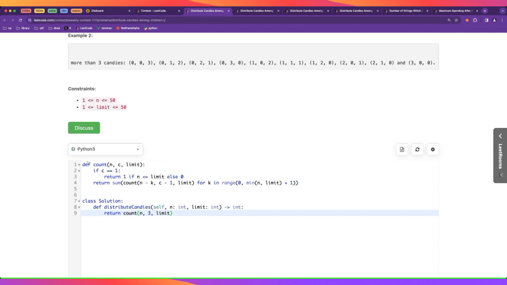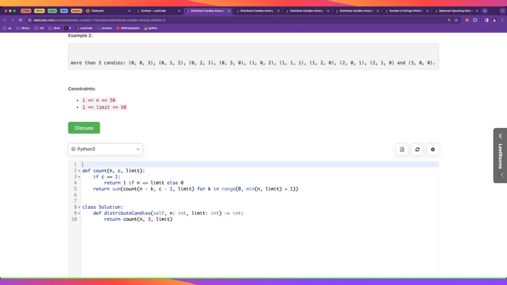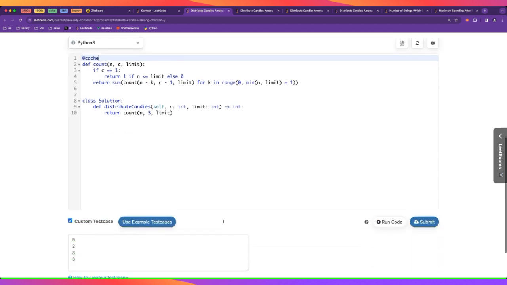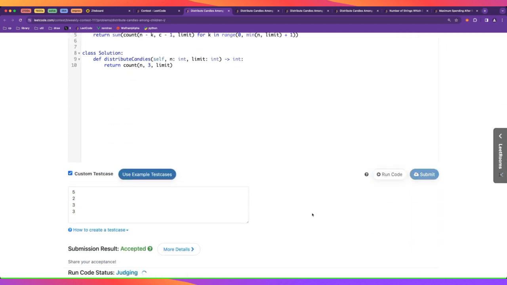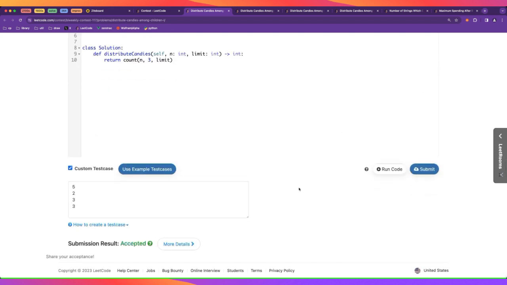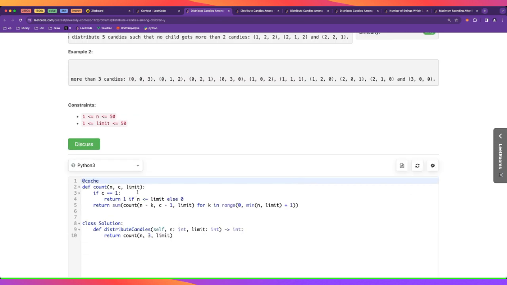We could cache this, and that would be memoization, because we would have some overlapping subproblems.